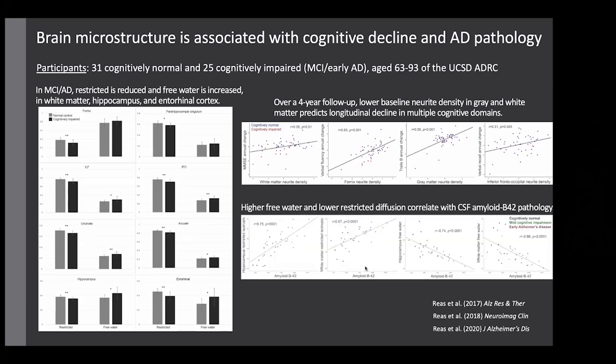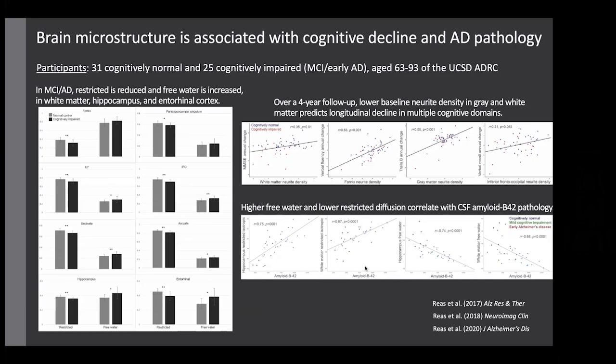Additionally, we found that higher levels of amyloid pathology in the cerebral spinal fluid, and this is confusing, but in the cerebral spinal fluid, lower A beta 42 is greater pathology, correlated with abnormal microstructure, including lower restricted diffusion and higher free water. So we were really excited about these findings. These RSI metrics seemed extremely sensitive to brain changes in Alzheimer's disease that even predicted cognitive decline.